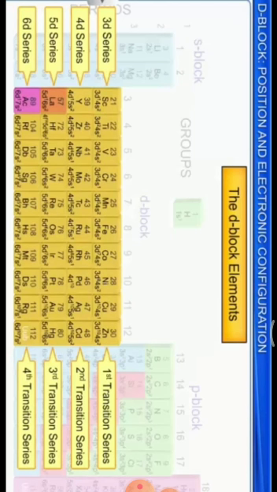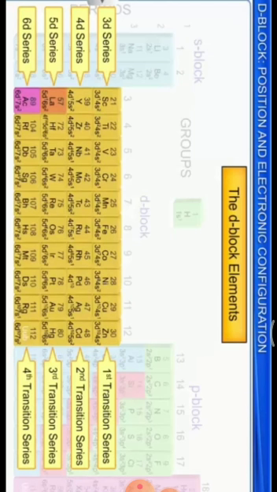Let us consider the 3d series to explain the properties of d block elements. The general electronic configuration of 3d series is argon 3d1 to 10 4s1 to 2.